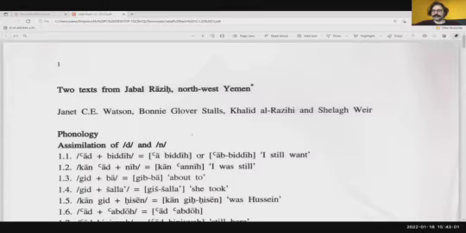She is going to talk about function words in Razihit. The floor is yours. I think you're muted, Janet. Right, unmuted now? Yeah, great.